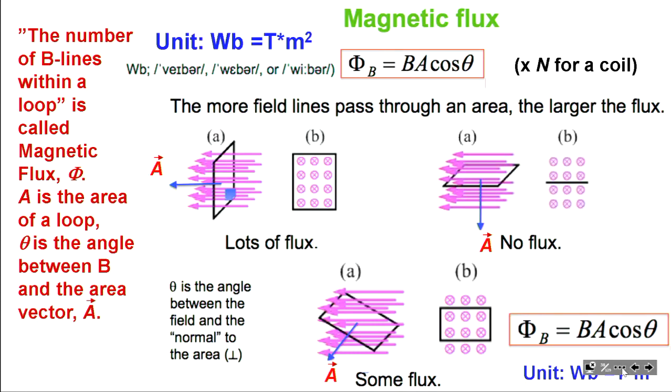What does it use? The same variables as before, but differently. This is magnetic field. This is the loop. To represent the orientation of a loop, what do we use? The area vector. So the orientation of a loop is described by the area vector.